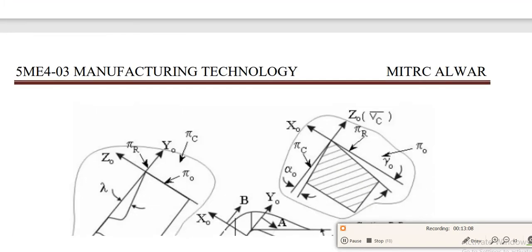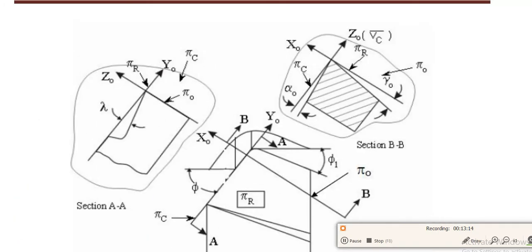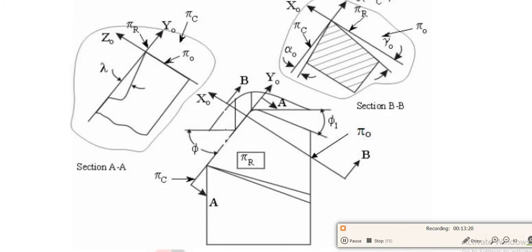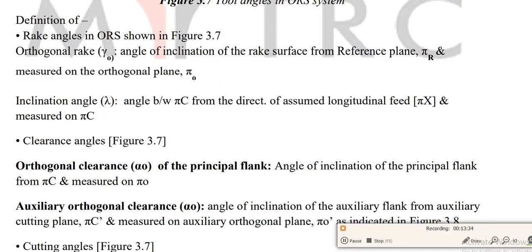Now these are the tool angles in ORS system. From the figure you can easily observe the various angles that are forming. In the cross sectional view we can identify this is the phi, this is the gamma naught, this is the alpha naught, this is the lambda.